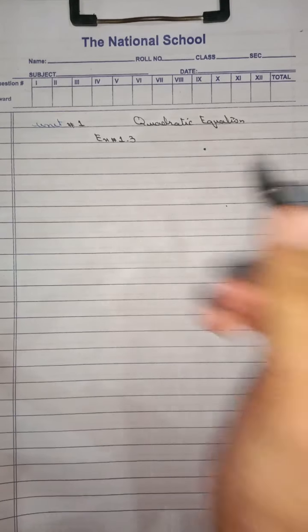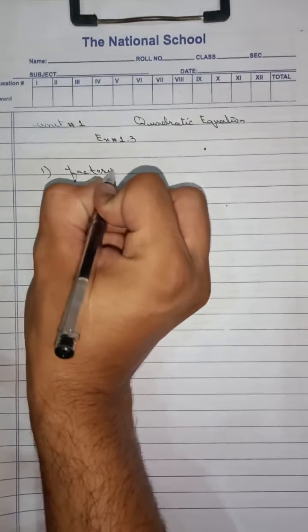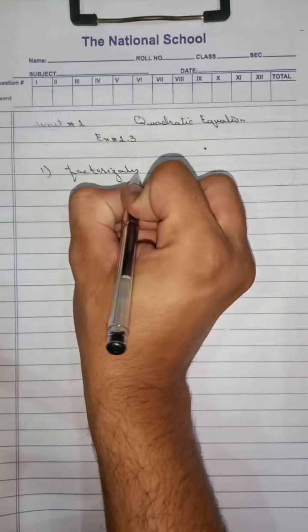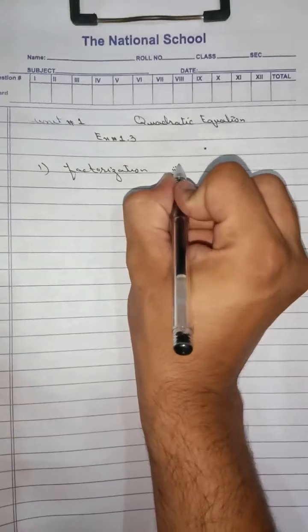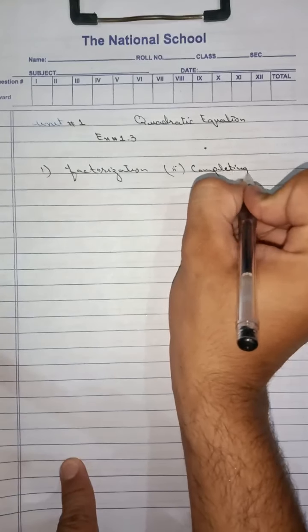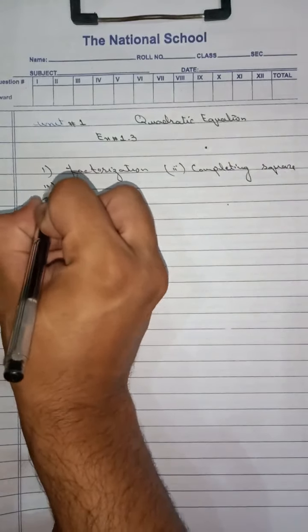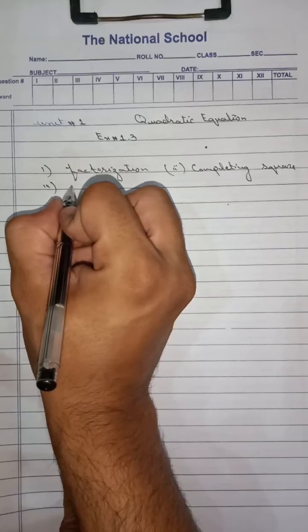So in exercise number 1.1 and 1.2 you have understood the basic ideas and the three methods to solve a quadratic equation. They were factorization, second one completing the square, and the third one in exercise number 1.2 by quadratic formula.